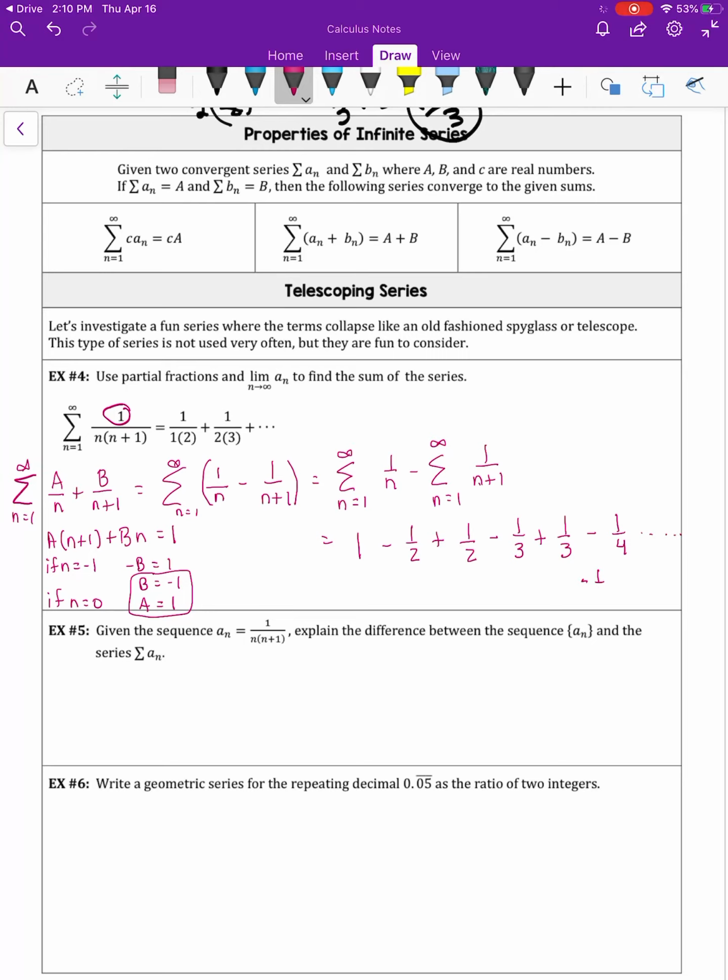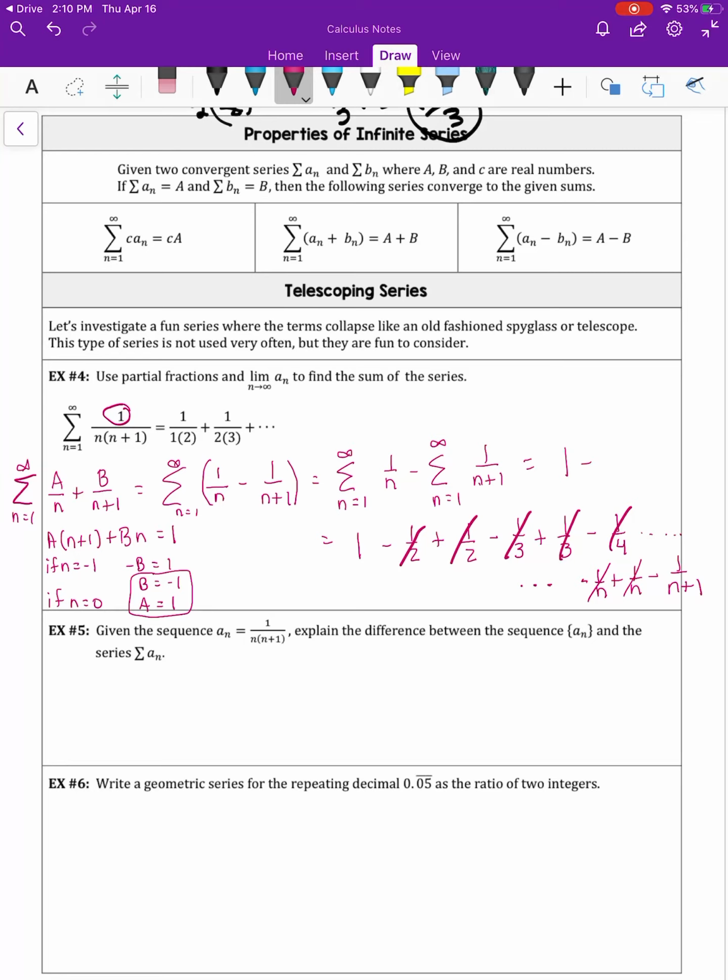So dot, dot, dot. That's going to keep going until I get a negative 1 over n, a positive 1 over n, and then a negative 1 over n plus 1 at the very end.